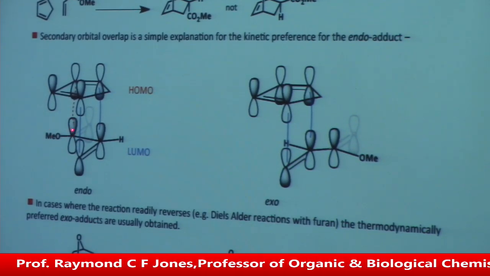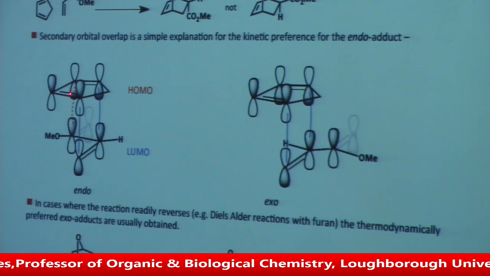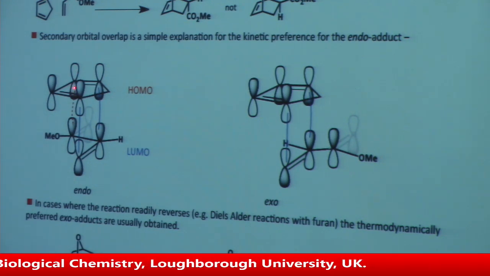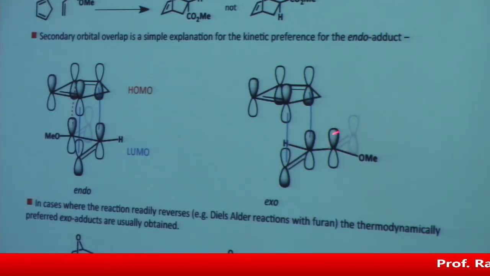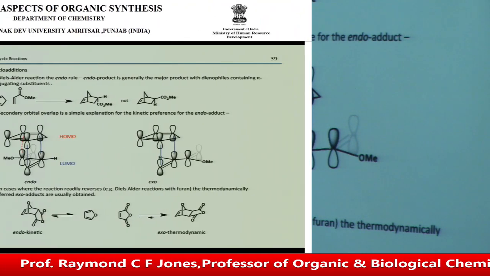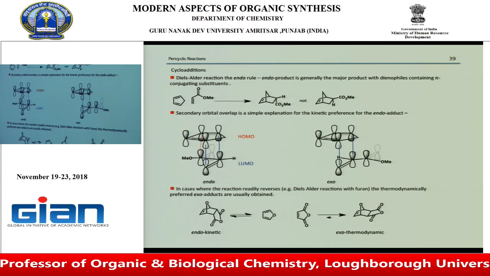And then here's the first atom out in the substituent, it's the carbon of the carbonyl group, and it has a good interaction with that back lobe of the HOMO of the diene, as opposed to the exo, where that substituent, the carbon of the carbonyl group of the ester, is away from the back, so it's not underneath, it's away from the diene altogether, and so you can't have any extra interactions with the non-participating orbitals here.